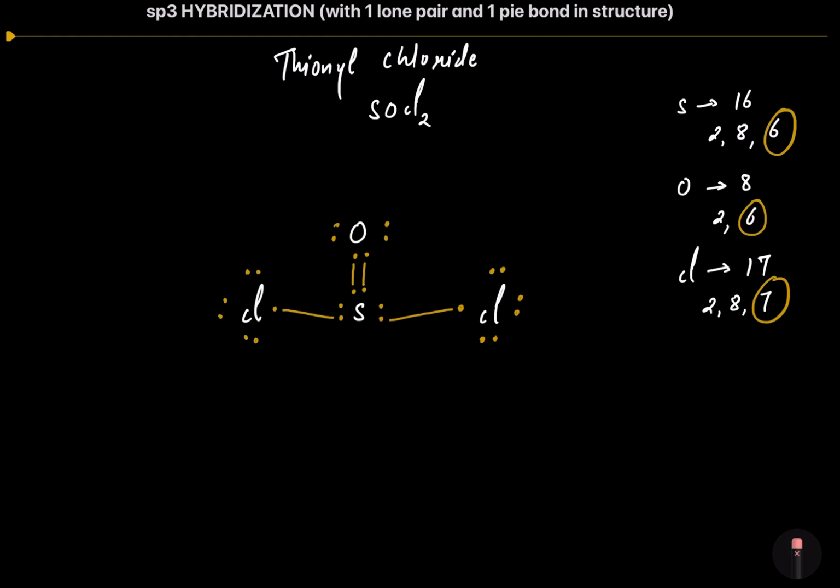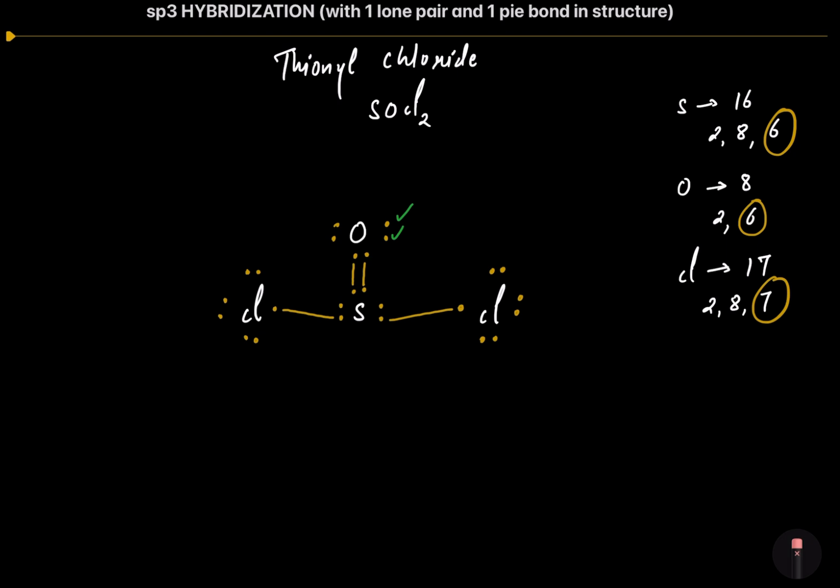Now let's count the number of valence electrons for oxygen after the formation of two bonds with sulfur. So that's the first electron, the second, the third, the fourth, the fifth, the sixth, the seventh, and the eighth. So the oxygen has also attained the 8 electrons after the formation of two bonds with sulfur.